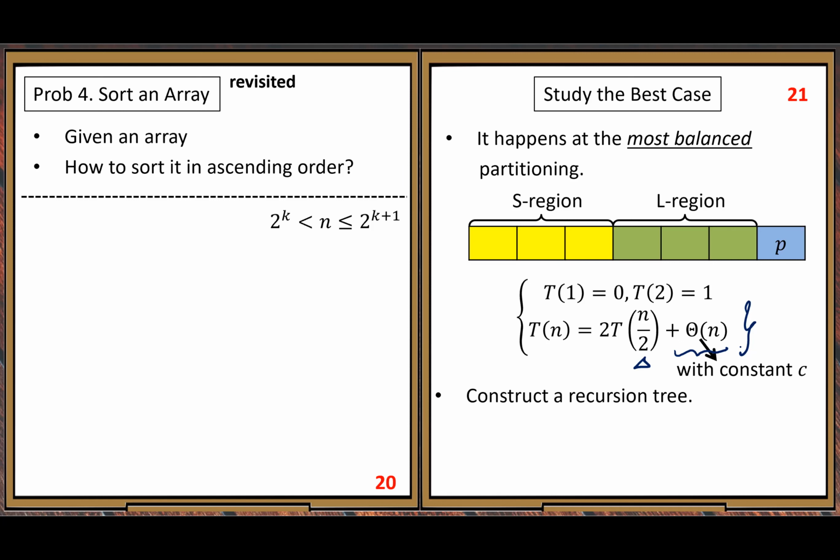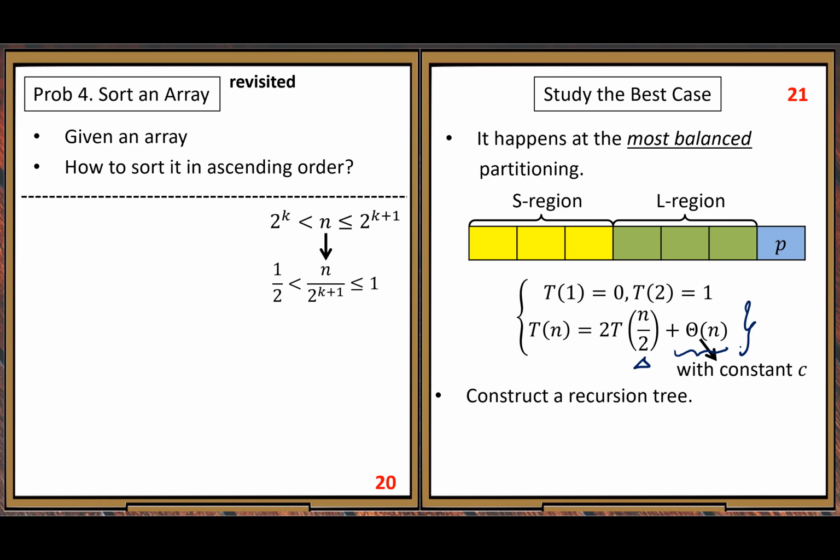For any given n, we can find those two powers of 2. Because if we start with this inequality, we can get this.